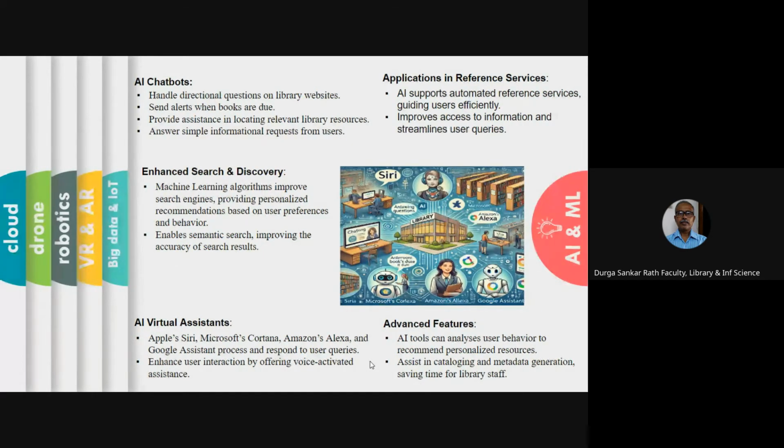And other advanced features: AI tools can analyze user behavior to recommend personalized resources and assist in cataloging and metadata generation. Cataloging in different ways. Say, for example, the Finland Public Library has approached it, and even in the Bengali language we have tried with authority data, the subject authority data or the name authority data, to make it streamlined.